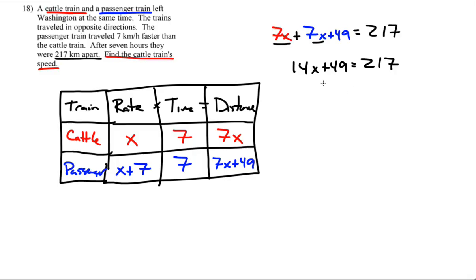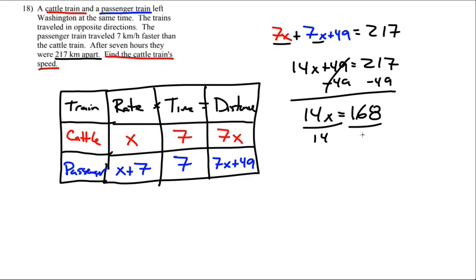If I were to subtract 49 from both sides, I end up with 14x equals 168. And then if I divide both sides by 14, I get x equals 12.